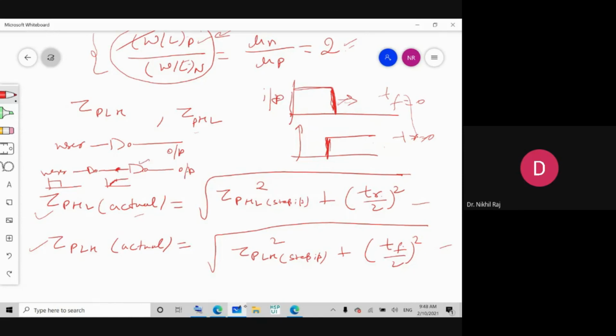So in the actual analysis, if you want to calculate low to high or high to low time, then you have to consider the rise and fall time, and follow this expression. So TPHL actual is this one. If the condition is given that there is no rise and fall time, then this will equal 0 and we get the standard derivation we have done. And if rise and fall time exist, then we have to follow these particular expressions.